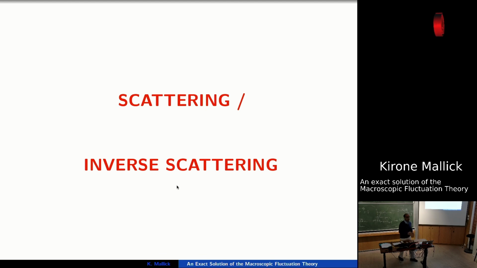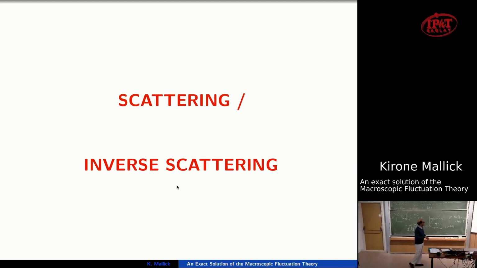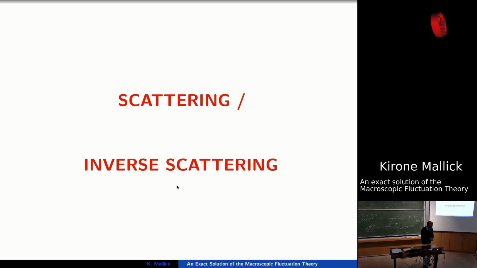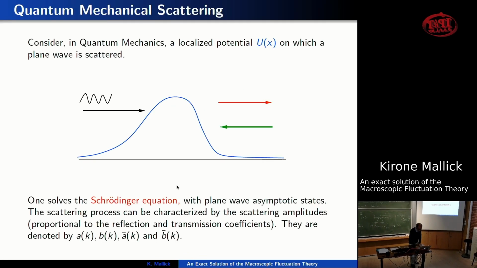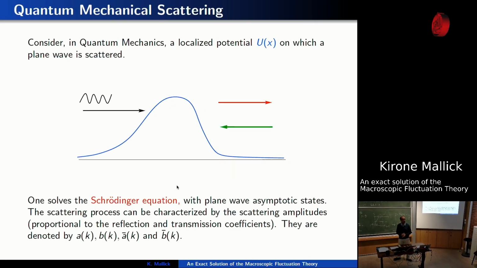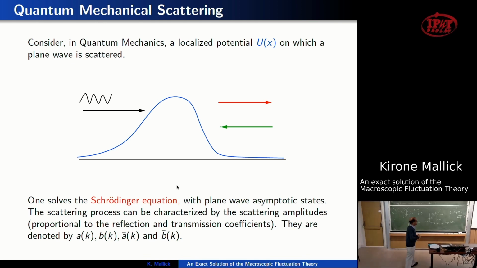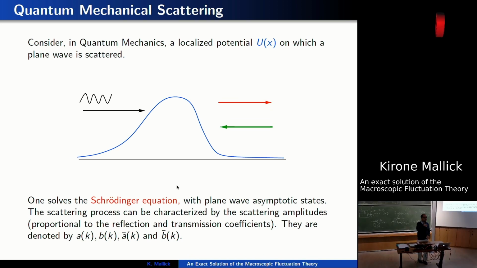So now I want to tell you something about scattering and inverse scattering, something very general, which a priori looks uncorrelated to what I'm going to say, but of course I will put all these ingredients together in a few minutes. So we all studied the Schrödinger equation with a potential. We all started our first TD by computing scattering by a square well in 1D.